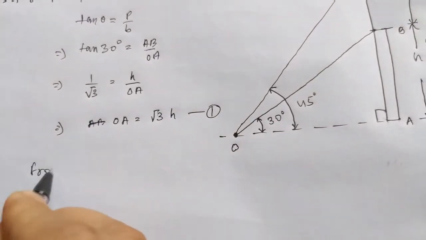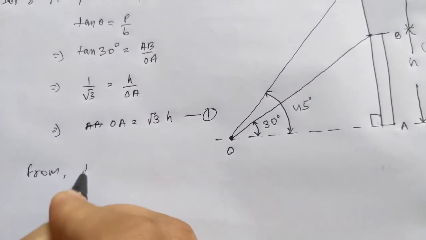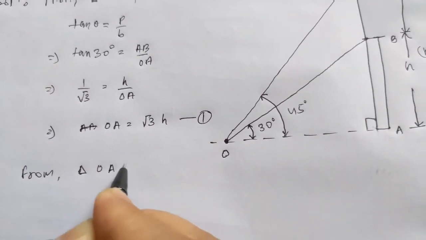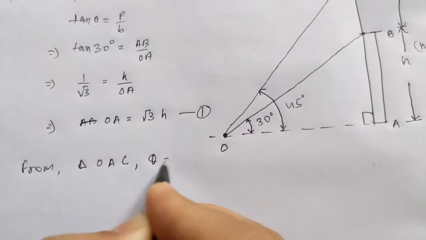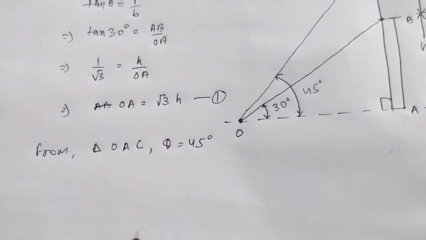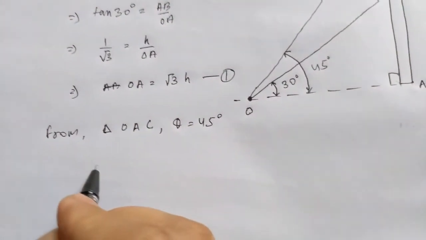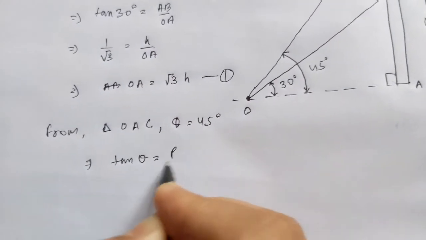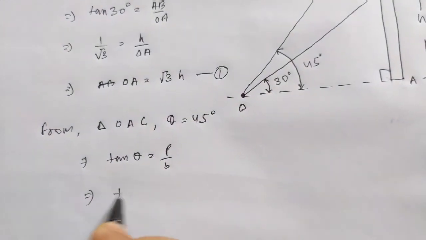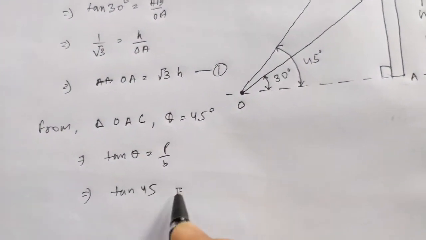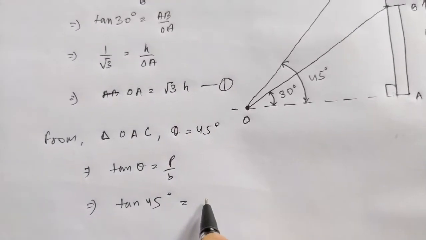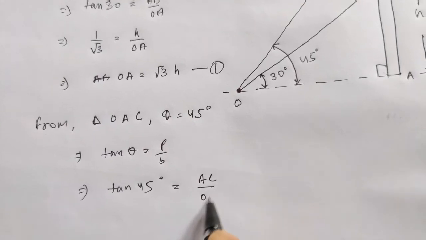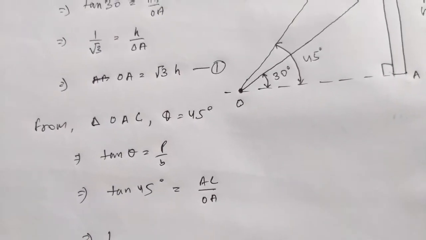Now from another right angle triangle, triangle OAC, theta is 45 degrees. Again we apply the same formula, tan theta is equal to P by B. So tan 45 degrees is equal to perpendicular AC over the common base OA.